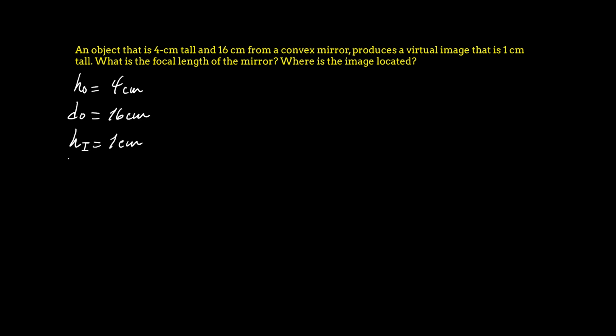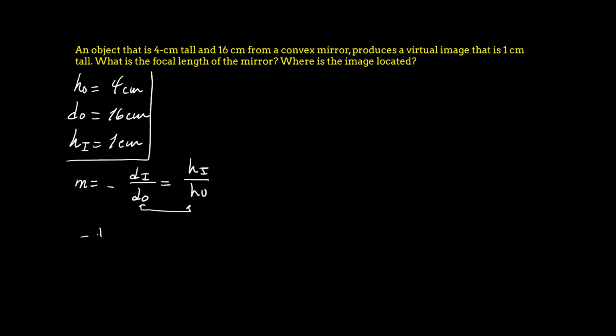Right? So we know that from the magnification, which is negative D sub I over D sub O, which is H sub I over H sub O, we can work with these two and get D sub I right away.